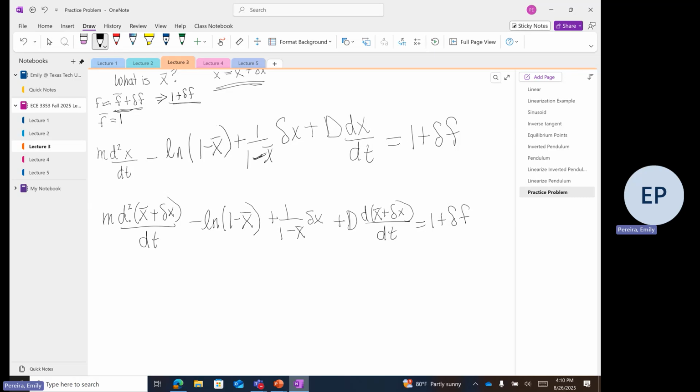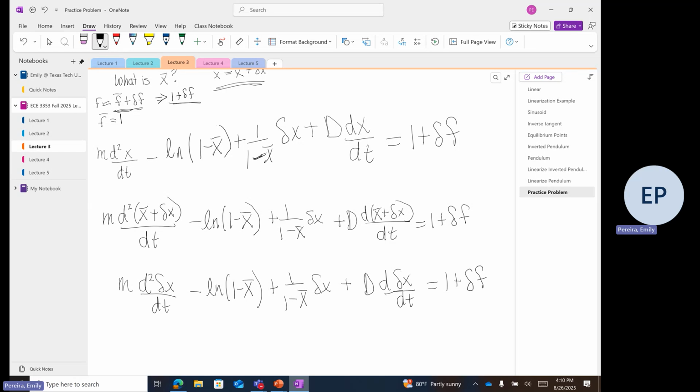Okay, so the derivative of x bar, where, remember, x bar is a constant, so the derivative of a constant is 0. So really, all we're left with is the derivative of this delta x. Okay, so I'm rewriting this here. And similarly, the derivative of a constant is 0, so we're left with the derivative of delta x dt is equal to 1 plus delta f.